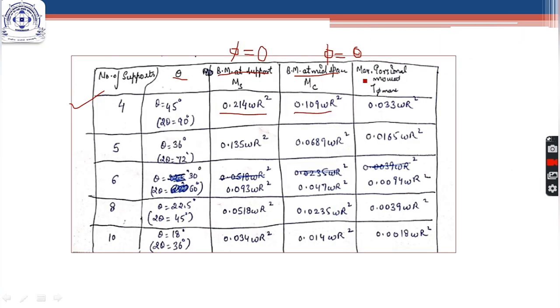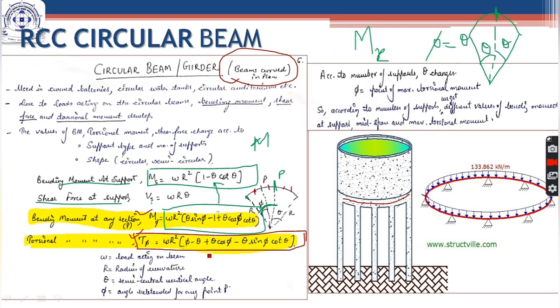Then we will get the maximum torsional moment. For that you first have to determine the value of phi for which the torsional moment will be maximum. So first we find that value of phi which will give T max, and then you substitute it in this equation to get the maximum torsional moment.